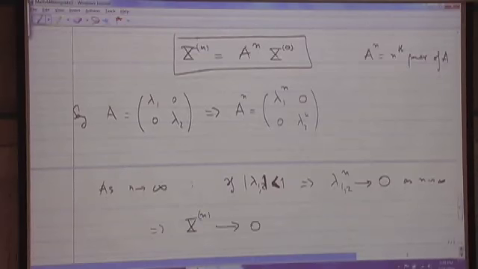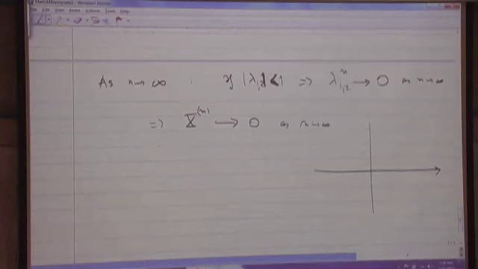Well, what is that supposed to mean? In this picture, it says if I start with x naught here, I'm going to hop along the first vector and reach x1.